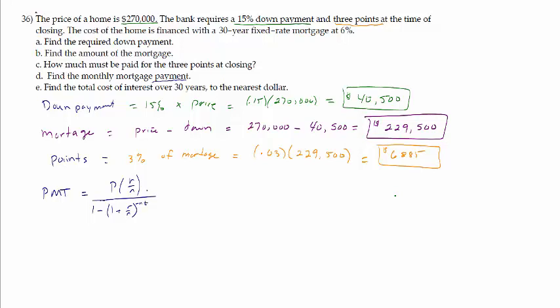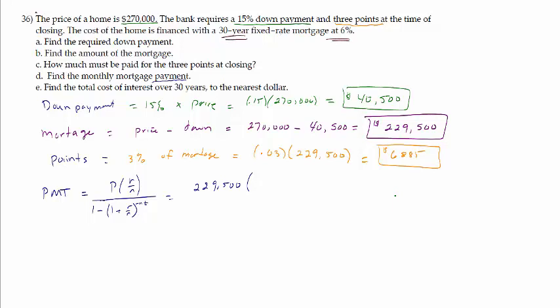For a lot of students, even if they have the correct values here, plugging into the calculator is another issue. So again, if you feel like you have the correct numbers, send me a picture, tell me which calculator you're using, and I'll help work you through it. First, what numbers do I plug in? My principal here is going to be my mortgage, $229,500. Then I have R over N. My interest rate is going to be 6%.